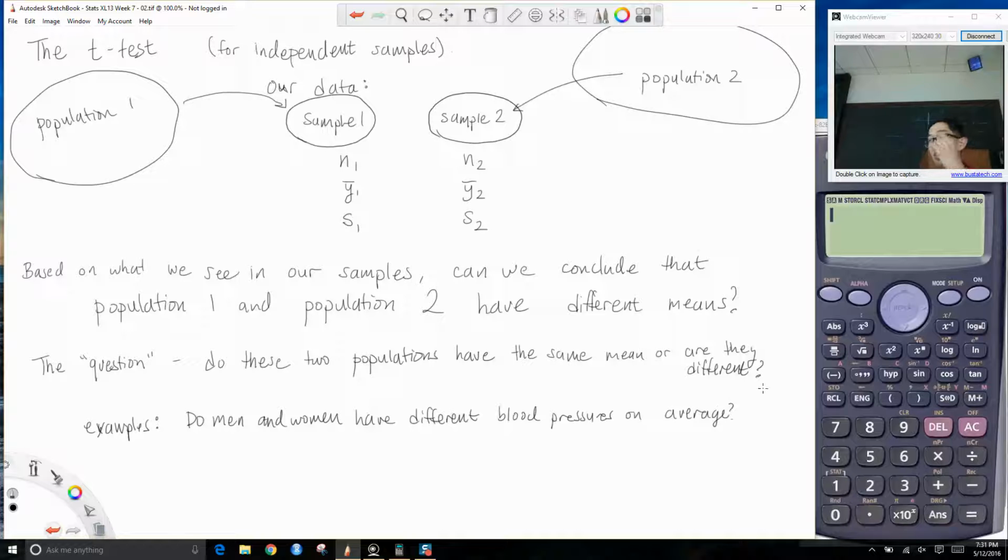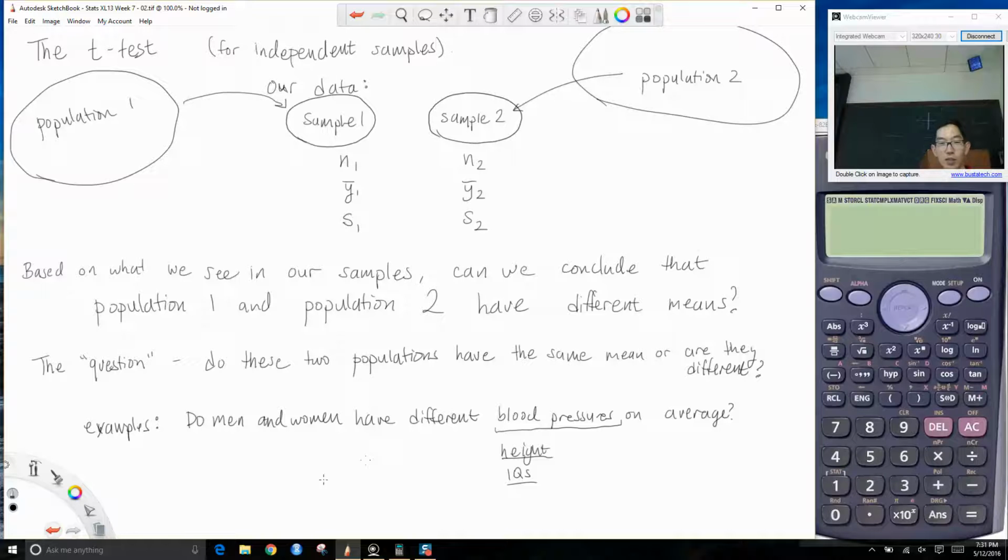Or do they have different whatever? You can just replace blood pressures with anything else, right? Different heights, different IQs, anything, okay? So that's comparing one population to another, the means.